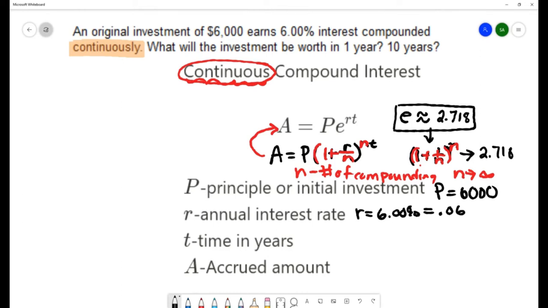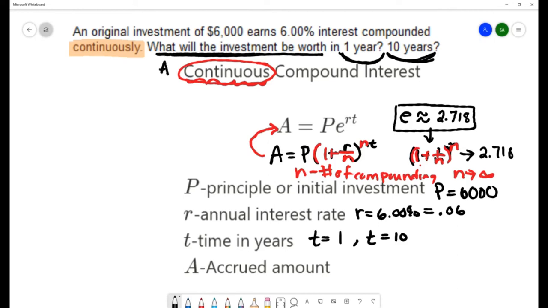Our time, we're given 2 time periods. We want to know how much that $6,000 grows to after 1 year and after 10 years. So we're going to do the calculation twice, once for 10 years and then again for 1 year. And we want to know what will the investment be worth. That's going to be our accrued amount. So A is what we're looking to calculate in this problem.